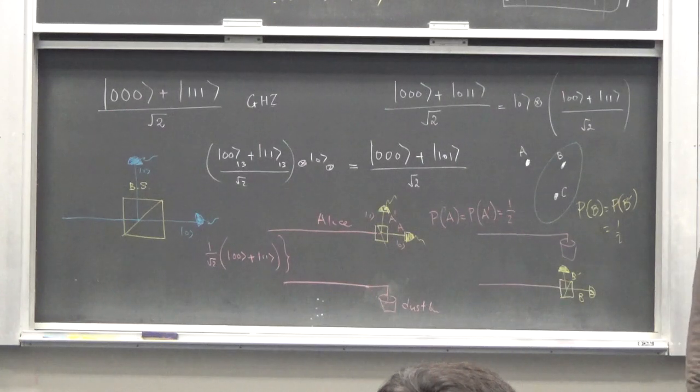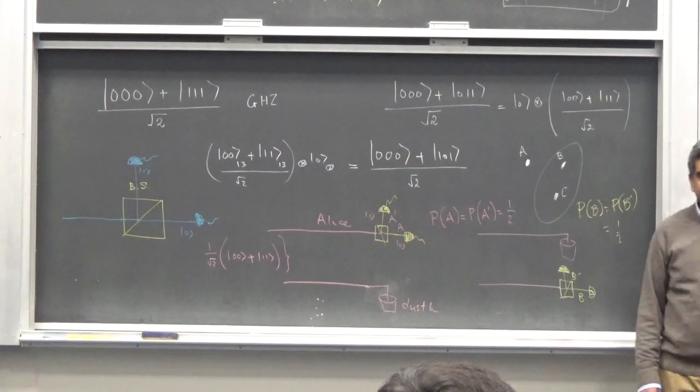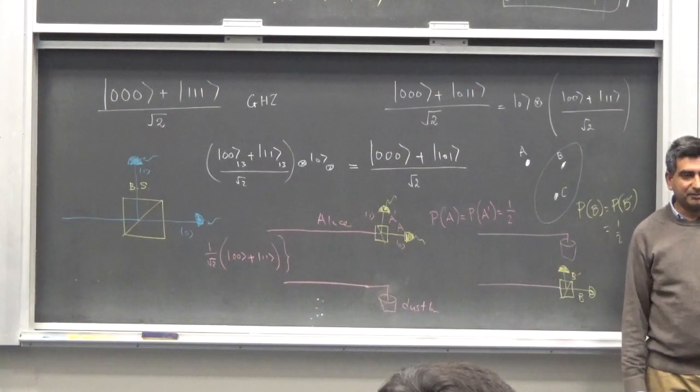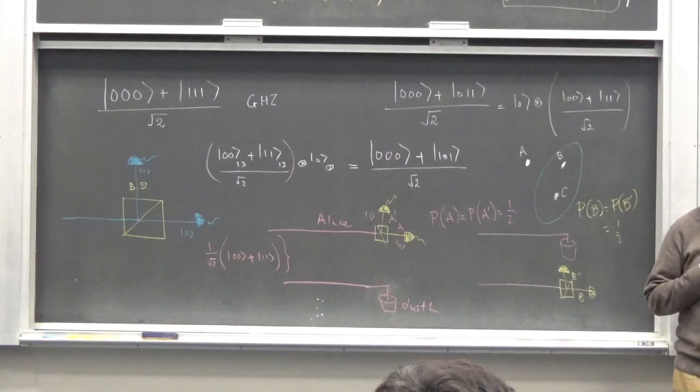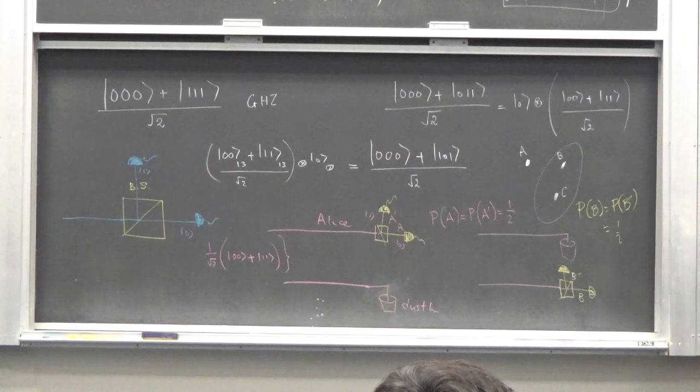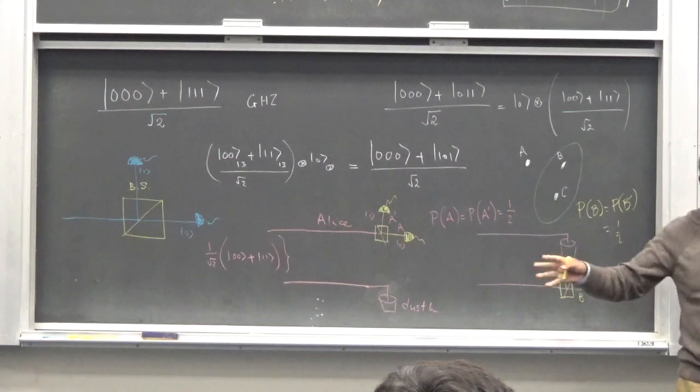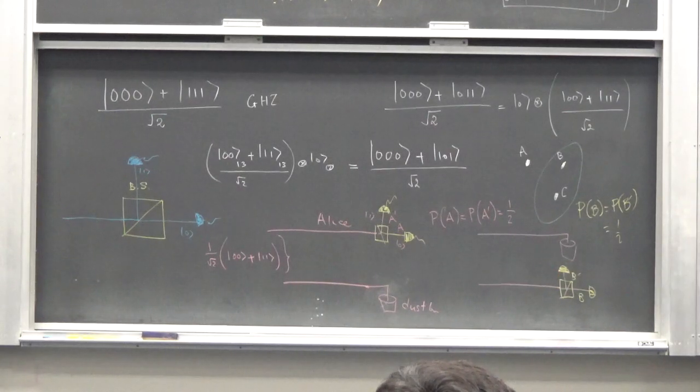However, if both Alice and Bob have decided that we're going to make measurements at the same time, which means I get a qubit, Alice performs a measurement, Bob performs a measurement, and then a new pair comes in, Alice, Bob, and both of those measurements are synchronized.